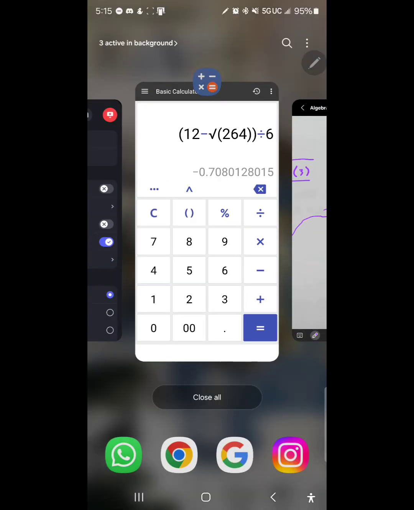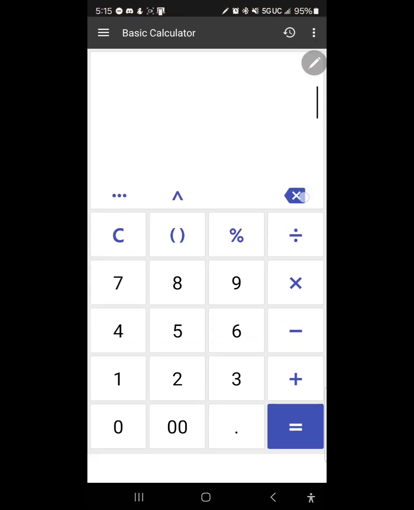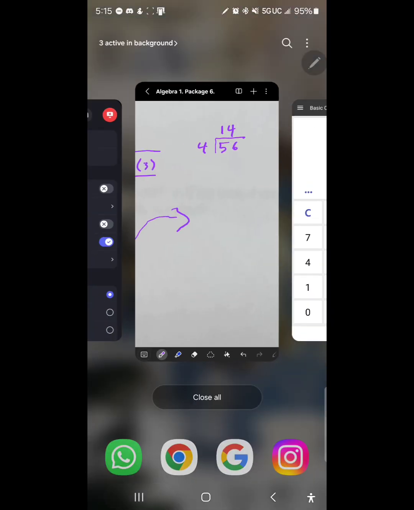So I know that I want to get a 2 out of this. So what is the square root of what number will give me 2? That will be 4. So if I divide 56 by 4, that will give me 14 if I'm not mistaken. 56 divided by 4, yeah, 14.